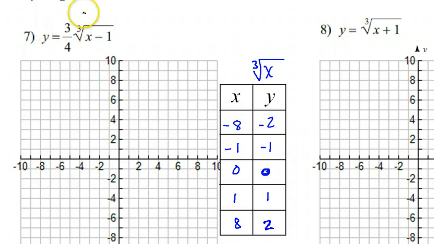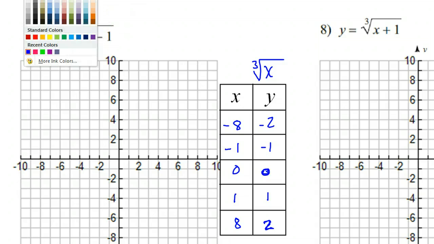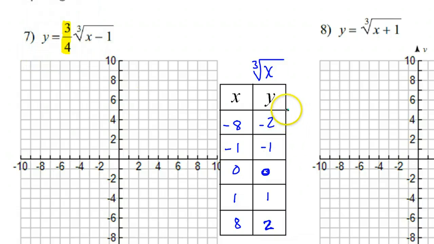Okay? Now, this 3/4 is what we call the A value. And anytime there's an A value, you need a third column on your table. So we can just extend this to make a third column.